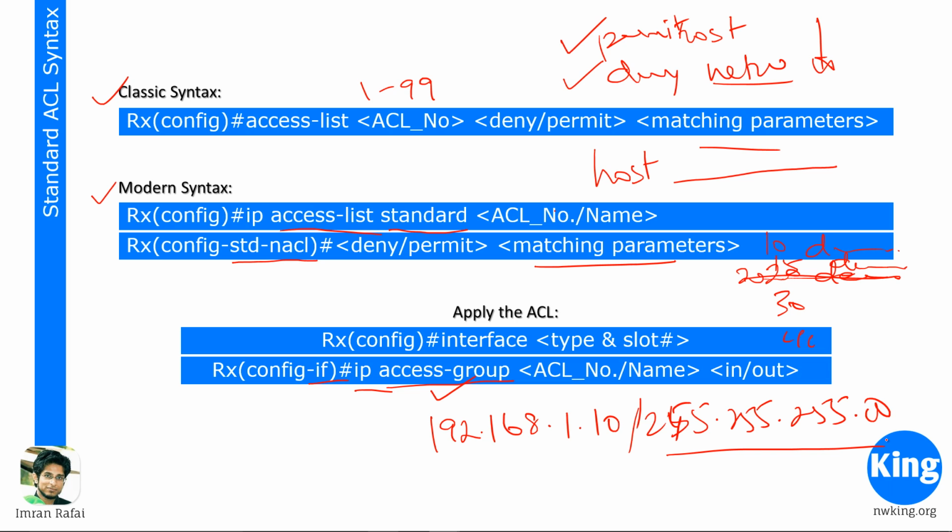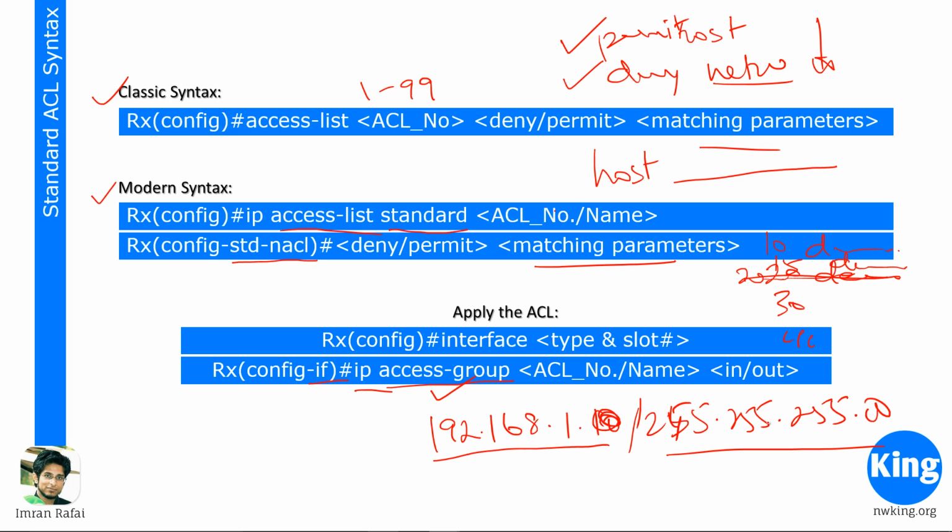This is a subnet mask, but you can't put a subnet mask if you're doing an access list. There is a new concept called wildcard mask, right? So in your matching parameters, you need to put the network ID, which in this case is 192.168.1.0/24, and then the wildcard mask.